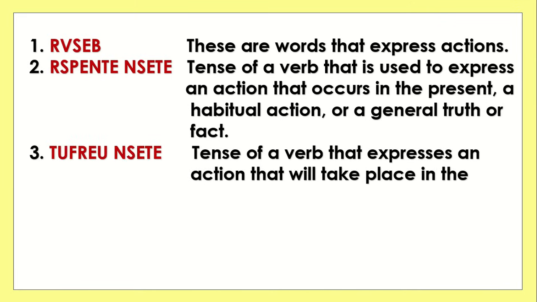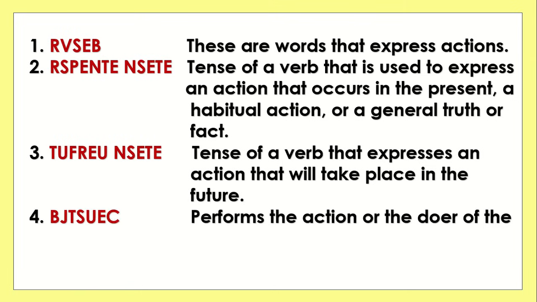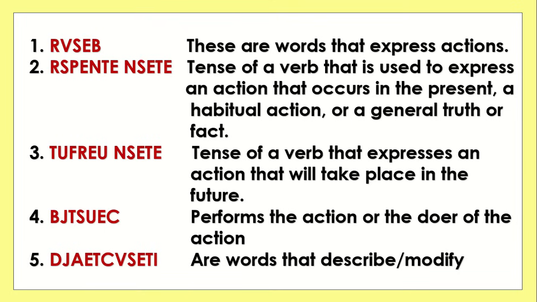Tense of a verb that expresses an action that will take place in the future. 4. Performs the action or the doer of the action. 5. Are words that describe or modify nouns or pronouns.